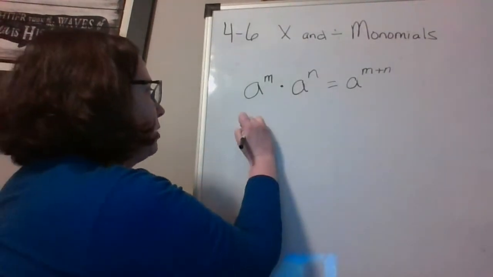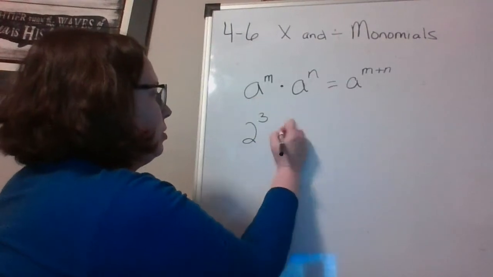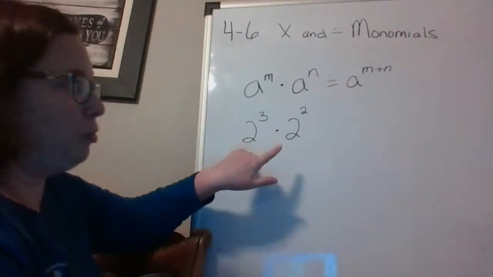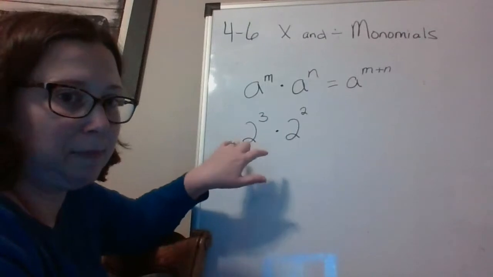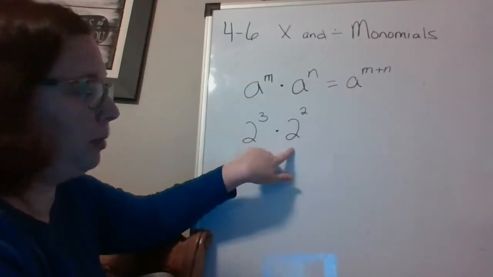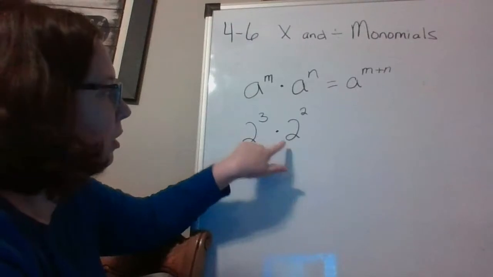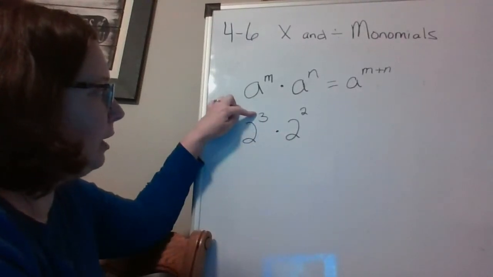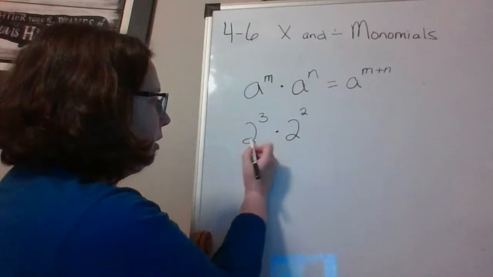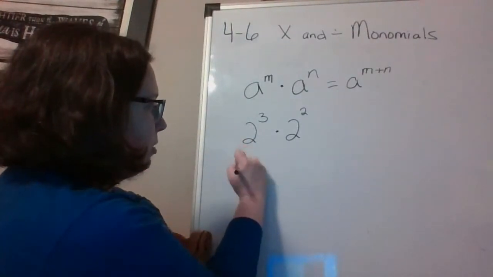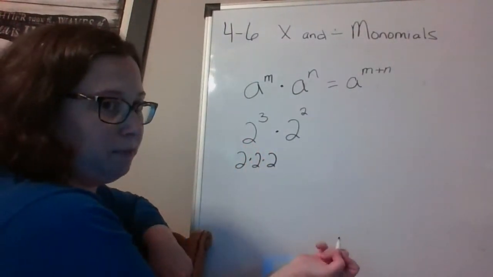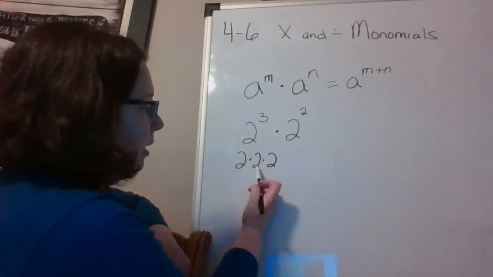Let me show you what that looks like if we throw in some numbers. The most important thing for you to remember is that the base has to be the same for this to work. So here both of our bases are 2, and we have the exponent 3 here and 2 here. When you think about 2 taken to the third power, remember that you're multiplying whatever the base is.